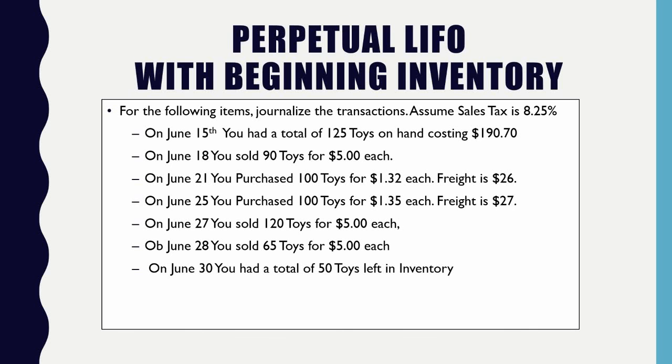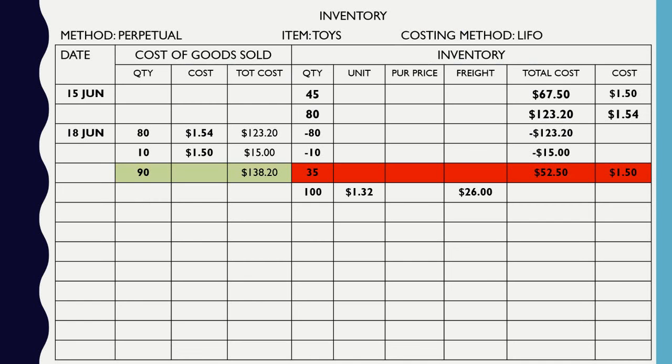So then, once again, on the 21st, we end up purchasing another 100 toys for $1.32. And then same thing on June 25th, we end up purchasing an additional 100 toys for $1.35. So once again, we're going to plug those numbers in, and I'm going to choose a color to associate this with.